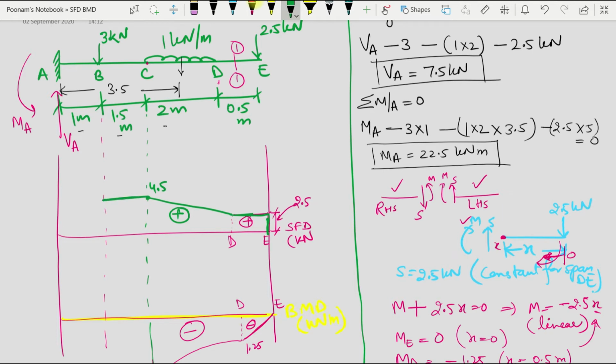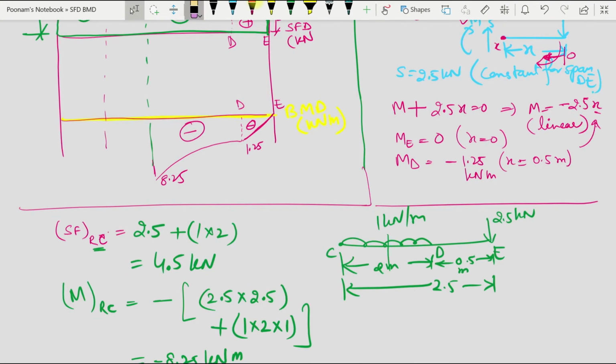But as soon as I approach point C, my shear force diagram will show a jump of 3 kilonewton and will become 7.5. We'll acquire a magnitude of 7.5 here, and then for span AB again it will be constant and equal to 7.5, which is also equal to the support reaction VA. So this is my shear force diagram here.